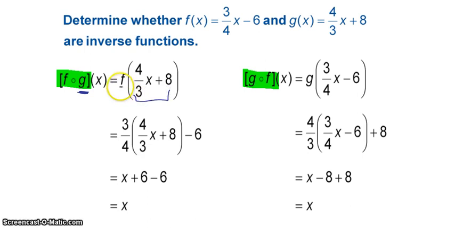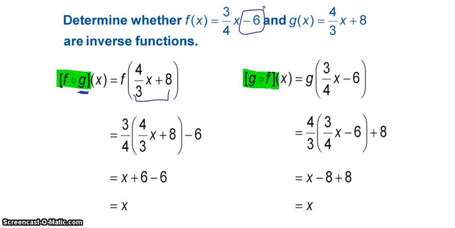So I want to find f of g of x. I want to plug in g of x anywhere I have that x in f of x. So I start writing out f. I've got 3/4 x. Oh, I see an x. I've got to plug in my other function. And then I got to make sure I finish off the rest of my equation.